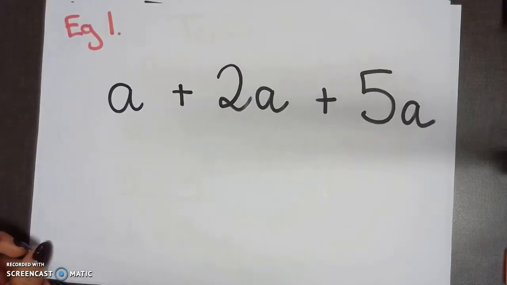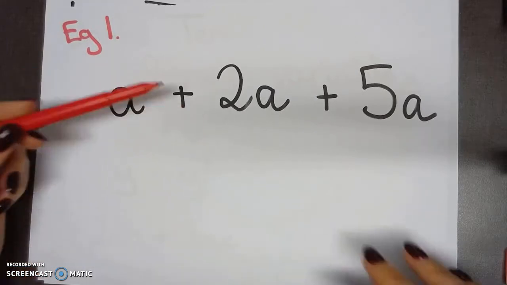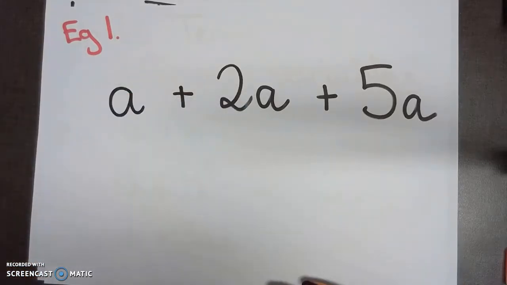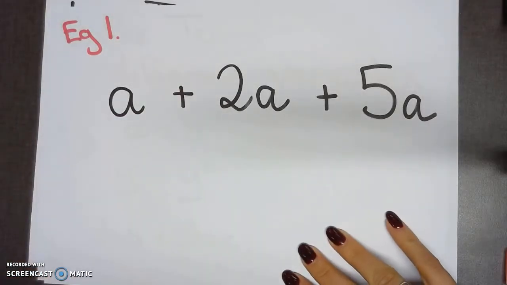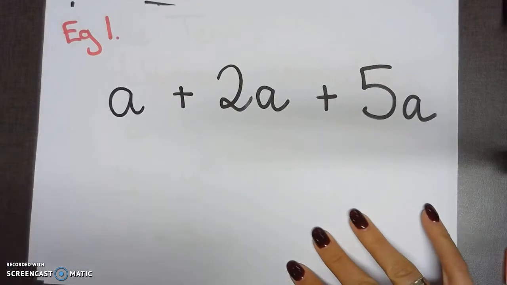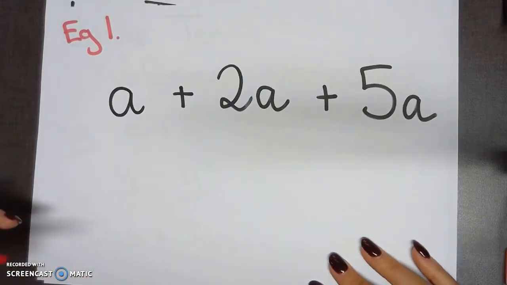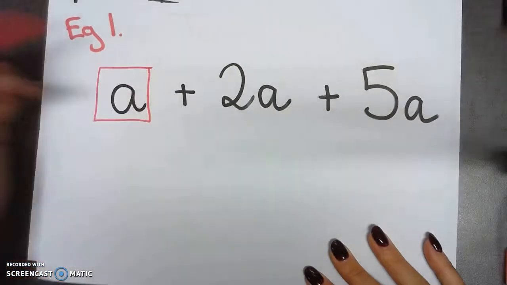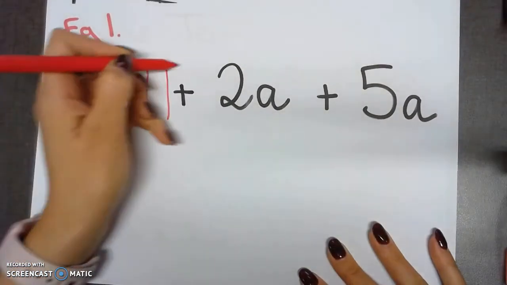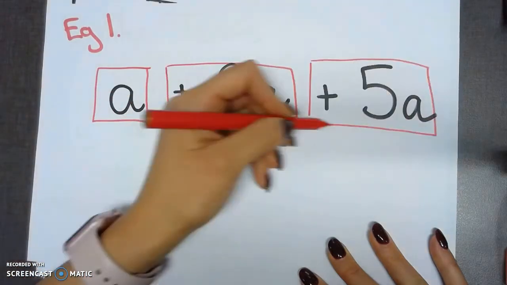Example number one: a plus 2a plus 5a. One strategy that I like is the boxing up strategy, where you put a box around the like terms. Here you've got an a, a positive 2a, and a positive 5a.